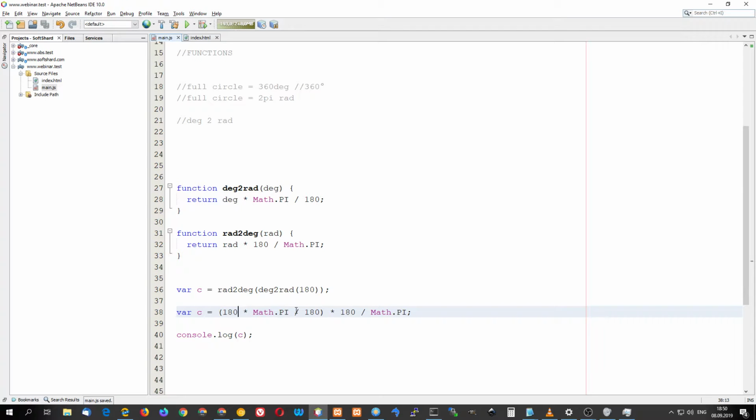It's still the same, but this is much harder to read and to understand what's going on, because there is a constant and the constant is everywhere, and it's harder to see that this is actually the value we're working with.